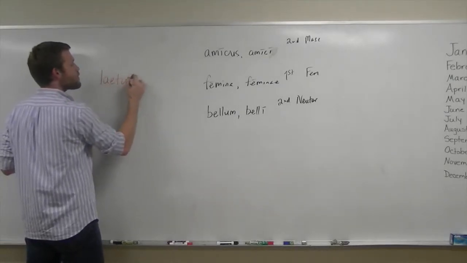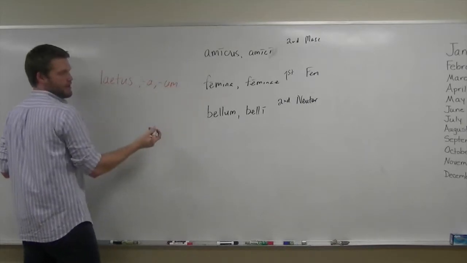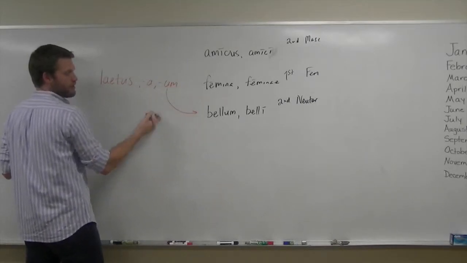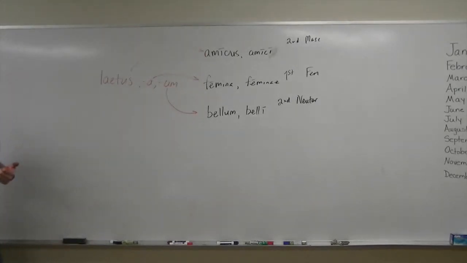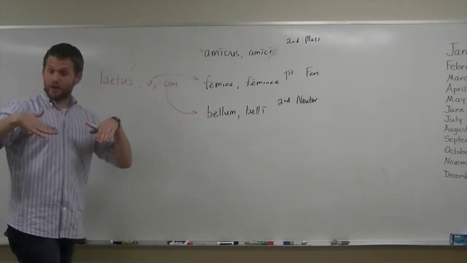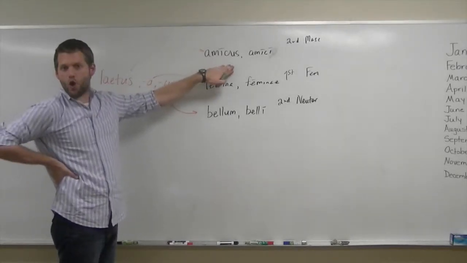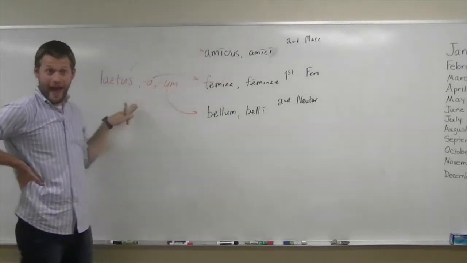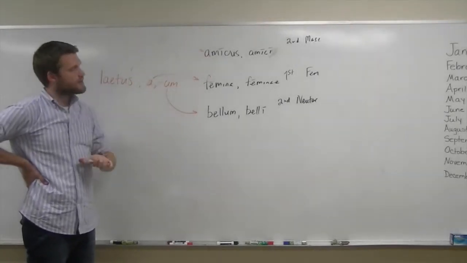That's why I need laetus, laeta, laetum, because I need it to be neuter, or feminine, or masculine, depending on the context. But then the endings will also decline, right? So if I had of the friends, amicorum, and if it was the happy friends, laetorum amicorum, of the happy friends.